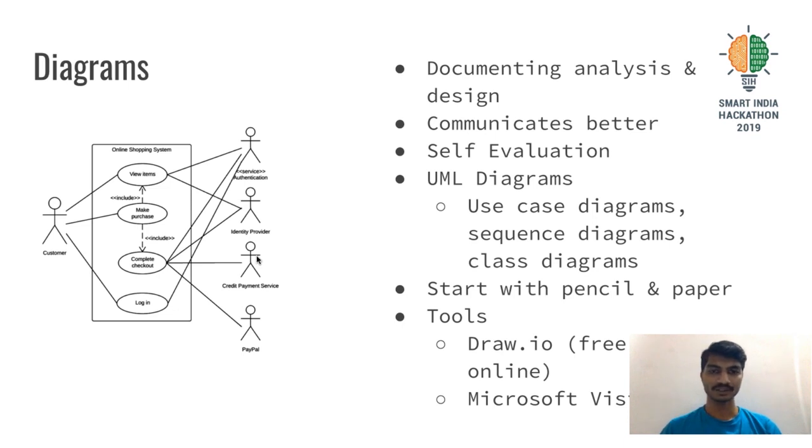When it comes to diagrams, UML diagrams are more useful when you are doing software architecture, starting from use case, sequence, class diagrams, object diagrams. There is a wide variety of diagrams available under UML, and we don't need to create all the diagrams to represent our software or system.